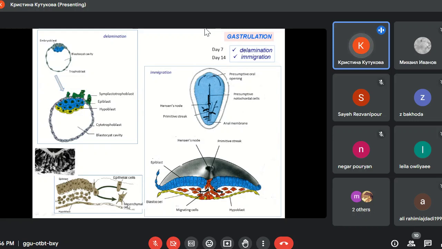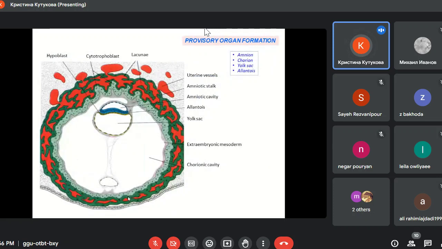And mesenchyme, we have two types of mesenchyme, primary and secondary. Primary develops earlier and it is seen in temporary organs. So here you see temporary organs.